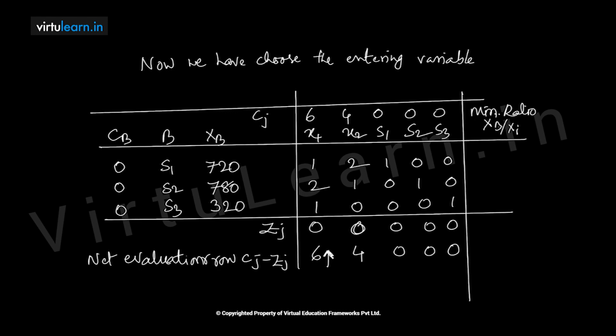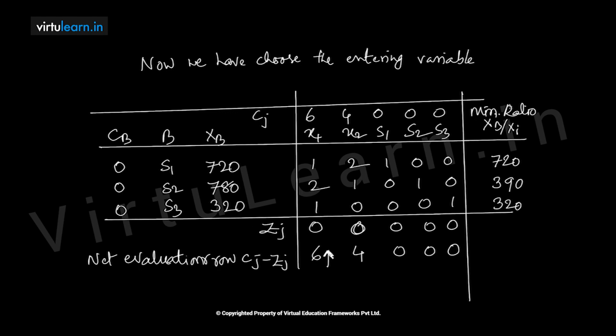So here 720 is here, and this is what we call the pivot column, because this is the entering variable which is giving the highest benefit. 720 divided by 1 will give us 720, then 780 divided by 2 will give us 390, and 320 divided by 1 will give us 320.